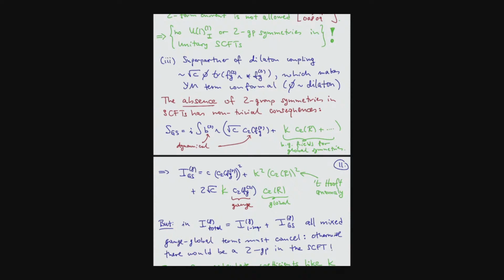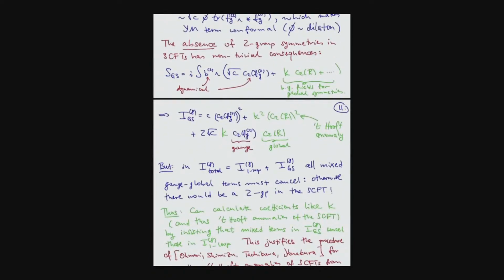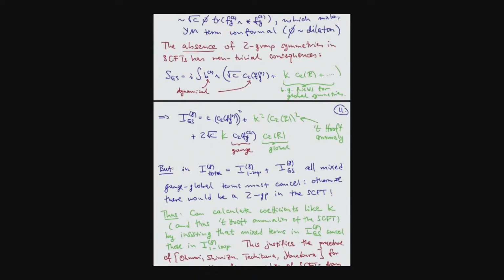Well, it actually involves a delicate cancellation that allows you to deduce certain things that you couldn't otherwise have deduced. So the absence of two-group symmetries in SCFTs actually has non-trivial consequences. Let me briefly sketch how that works. I already told you that in superconformal theories, the instanton density is gauged by the dynamical B field on the tensor branch, and there's this Green-Schwarz coupling involving only dynamical fields.